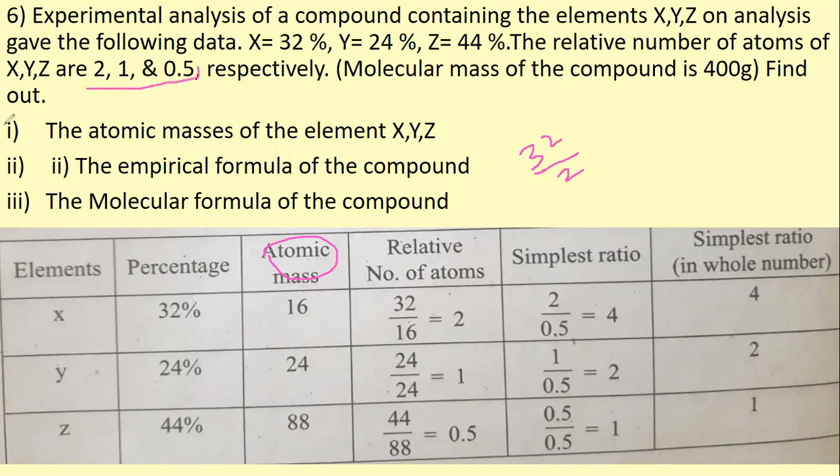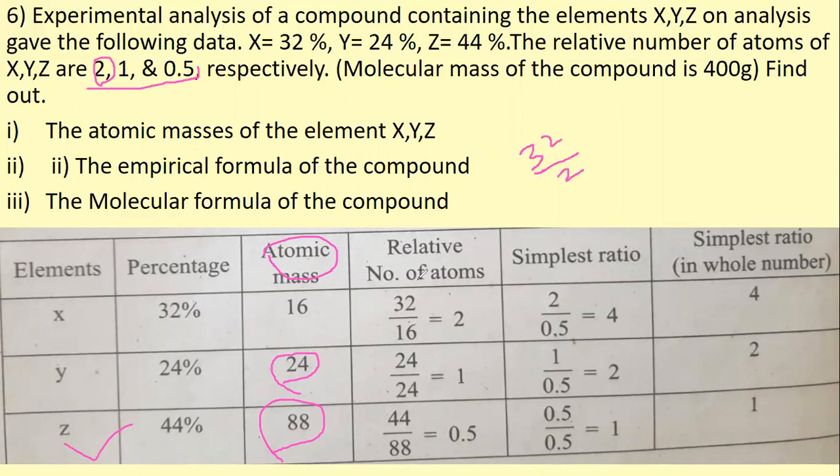So now from the given hints, 32 divided by 2 for X will give you the atomic mass of X. Now 24 divided by 1 will give you the atomic mass of Y, and then 44 divided by 0.5 will give you the atomic mass of Z.